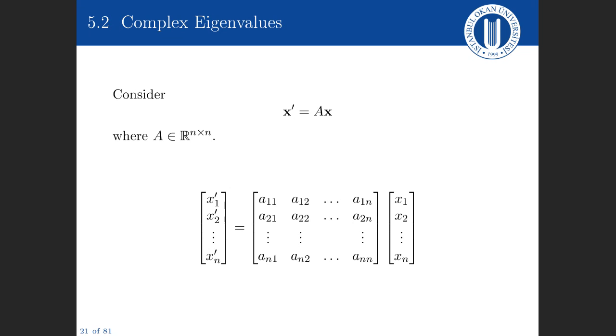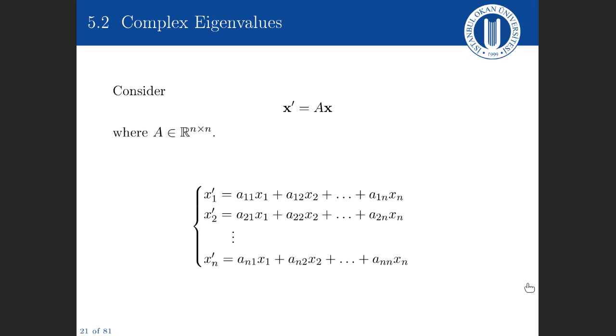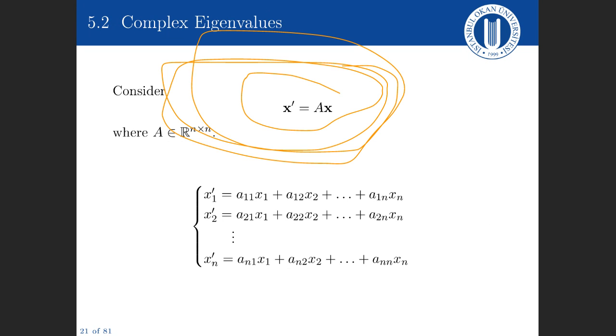That means, and I'm just reminding you, x1 prime, x2 prime, etc. is equal to this square matrix multiplied by x1, x2 up to xn. And this is another way of writing this linear system: x1 prime is equal to a11 x1 plus a12 x2, etc. Instead of writing this complicated thing, we like to write x prime is equal to capital A x.